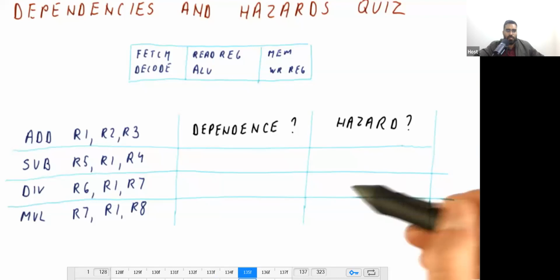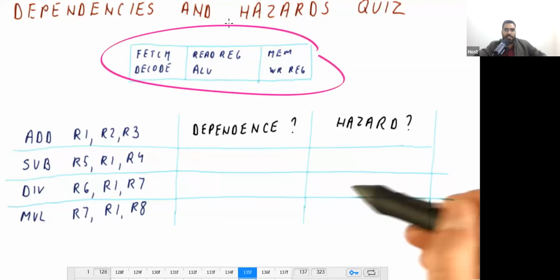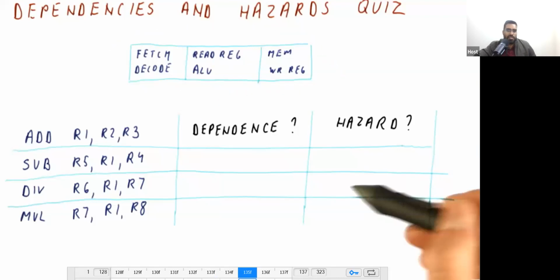Let's see this question, a beautiful question. The pipeline is changed. We have changed the pipeline. Now tell me, did you notice that some RAW dependencies are hazards, some not? Yes or no?